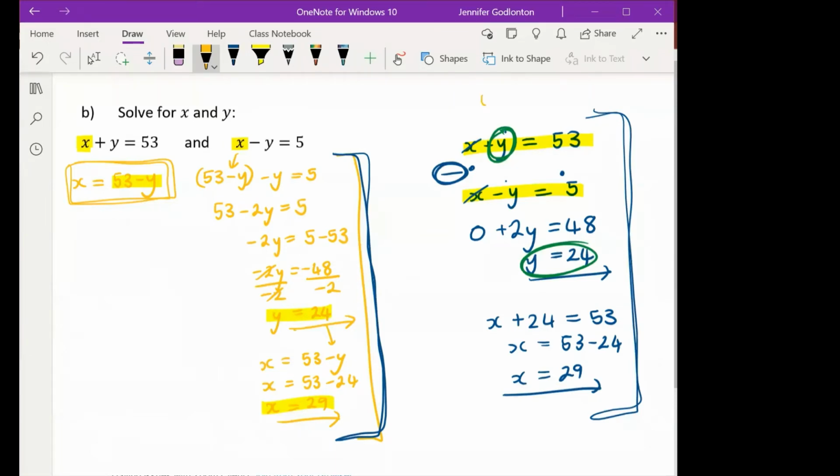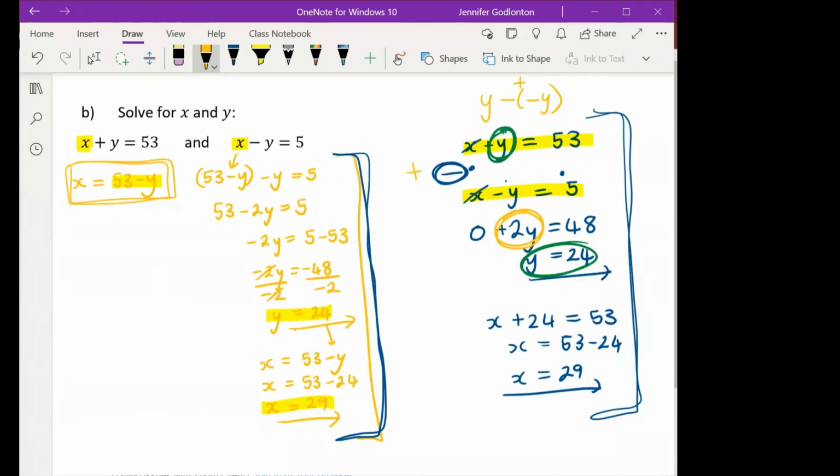We're saying y minus minus y, which becomes plus y, and that's why it became 2y. If I was wanting to take away my y's from each other, I wouldn't minus this equation from the other one. I would plus the equations together. And then I would have 2x plus 0 equals 58. And we would go from there. So it just depends on which variable we're trying to get to go away.